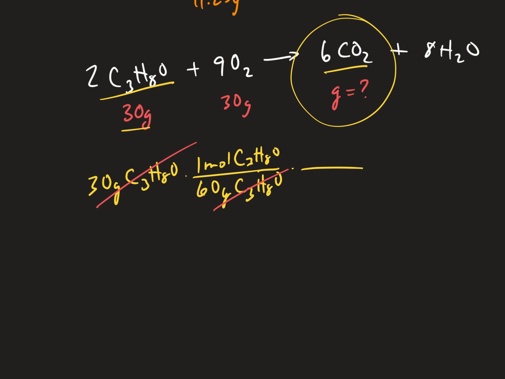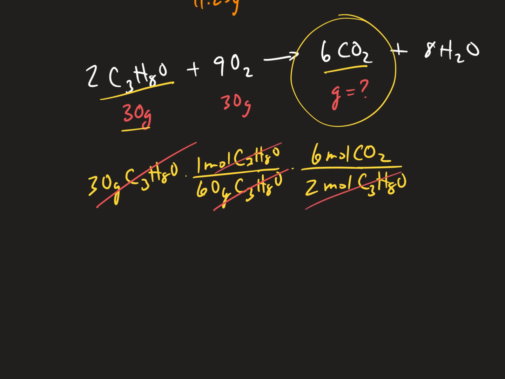C3H8O, because CO2 doesn't cancel C3H8O. Where does 6 CO2 go? On top, because that's what we're looking for, right? 6 moles of CO2 on top. How many on bottom? 2 moles of C3H8O. Everybody with me so far?